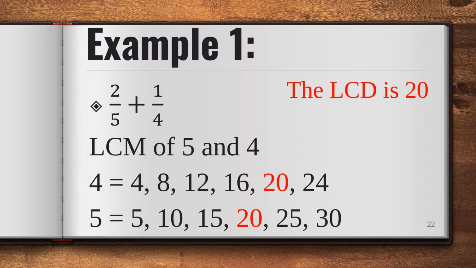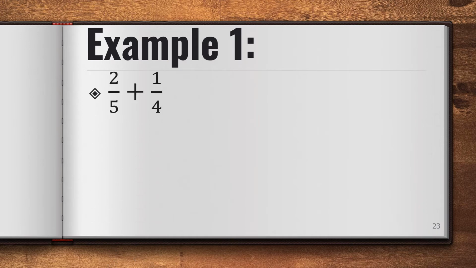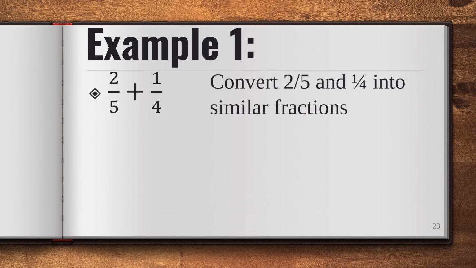After identifying the LCD, we will now convert 2/5 and 1/4 into similar fractions. So how do we do it? Take a look at this. We have 2/5 equals something over 20. So we write 2 over 5, then the equal sign, and then write 20 in the denominator.